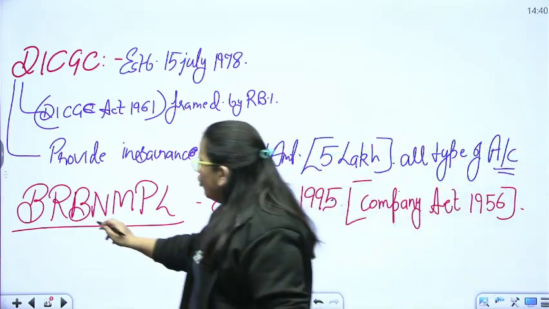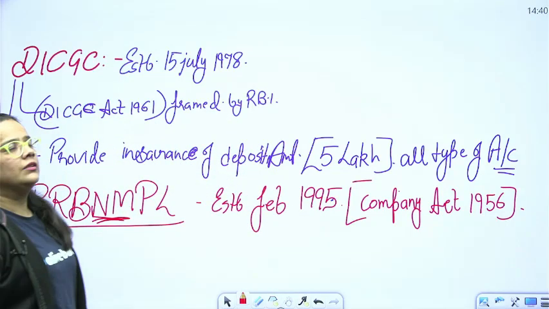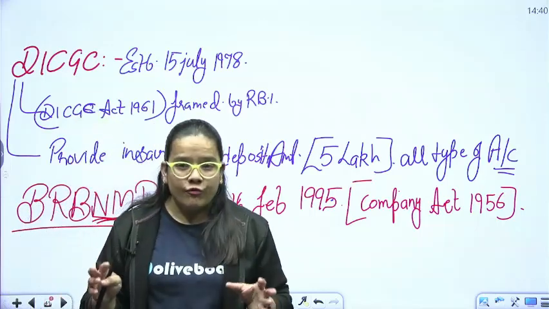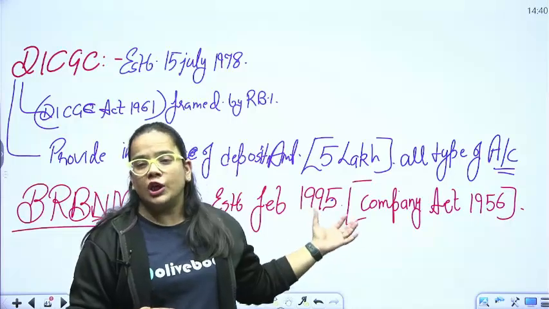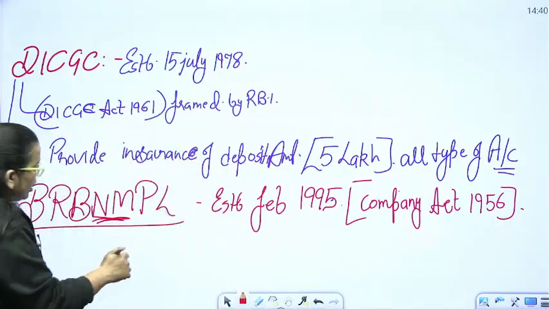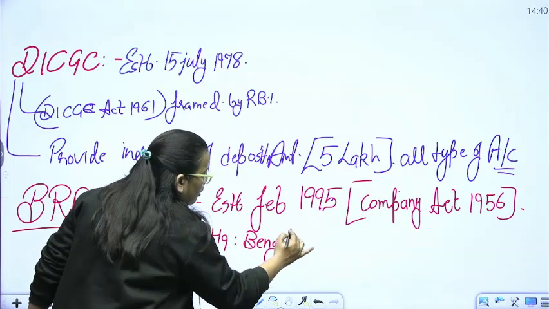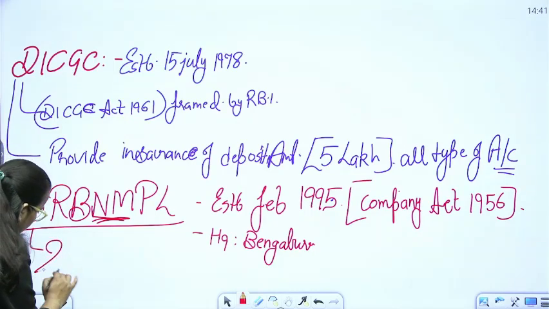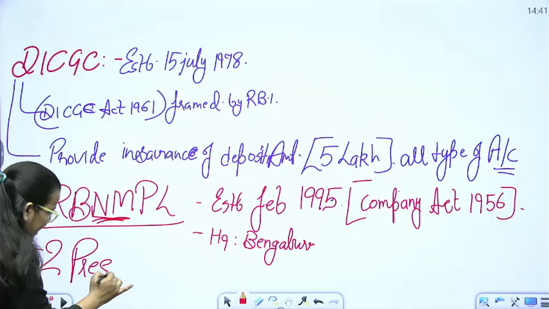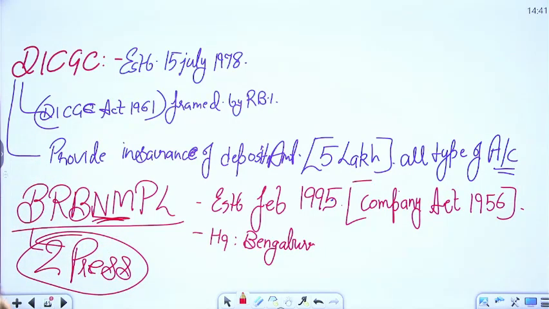As you already know, BRBNMPL is involved in the supply of notes, and meeting the demand for notes is also an important function of BRBNMPL. The headquarters of BRBNMPL is located in Bengaluru, in Bangalore, right? And BRBNMPL has two presses. Look at the two presses which come under BRBNMPL.